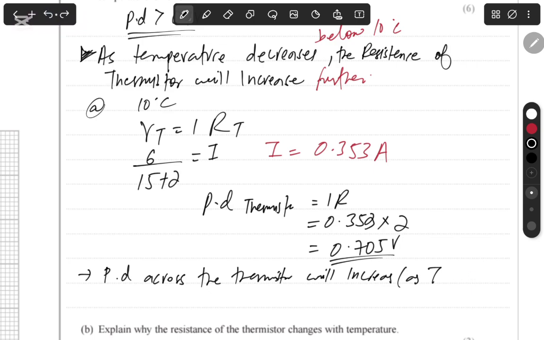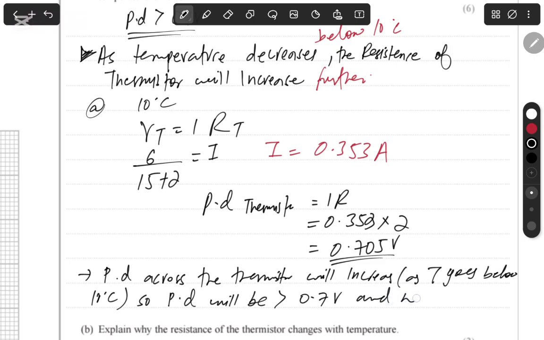So the PD will be greater than 0.7 volts and the heater will work as needed.